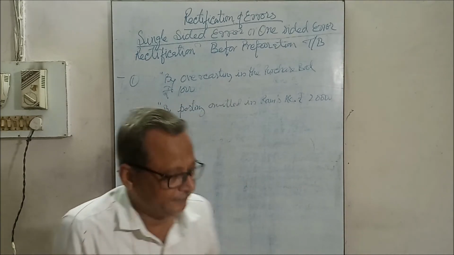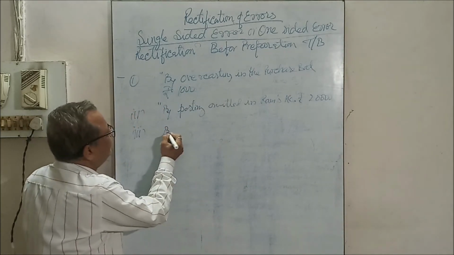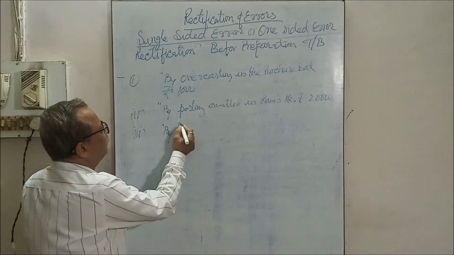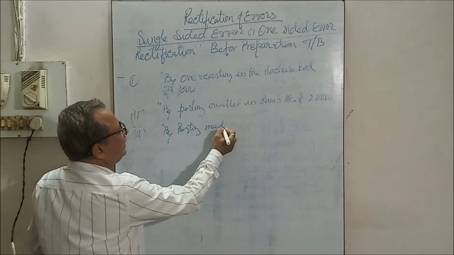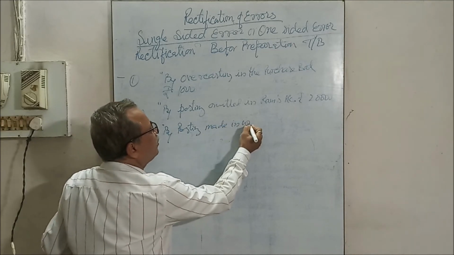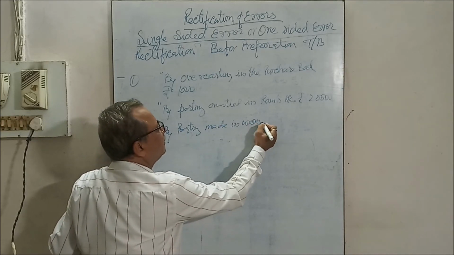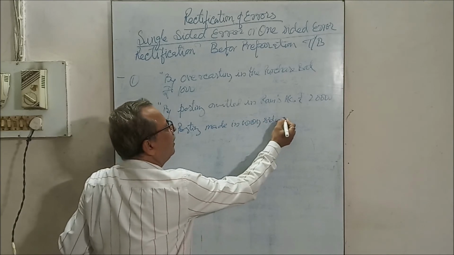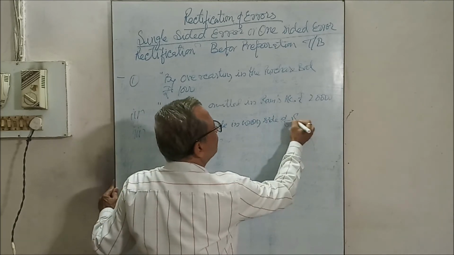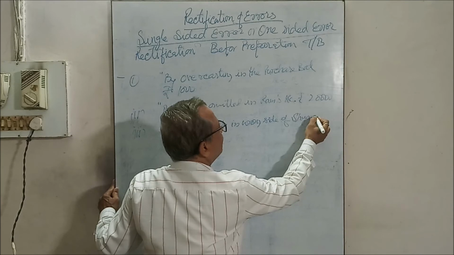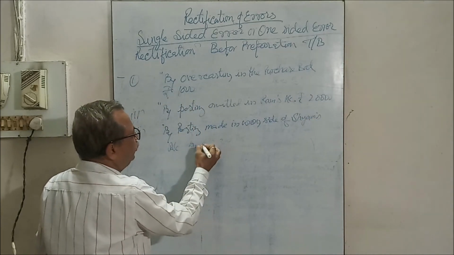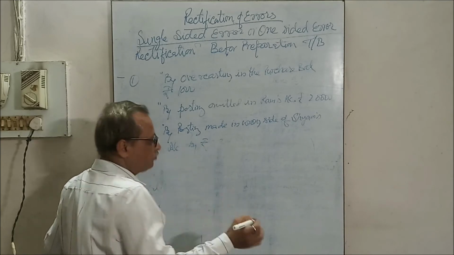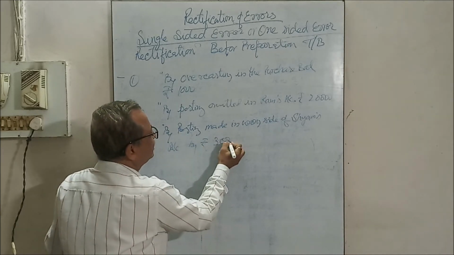So we will write here by posting made in wrong side of Shyam's account by rupees 15,000 plus 15,000, that is 30,000.